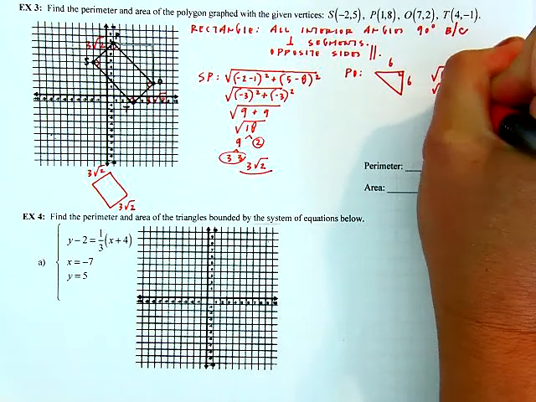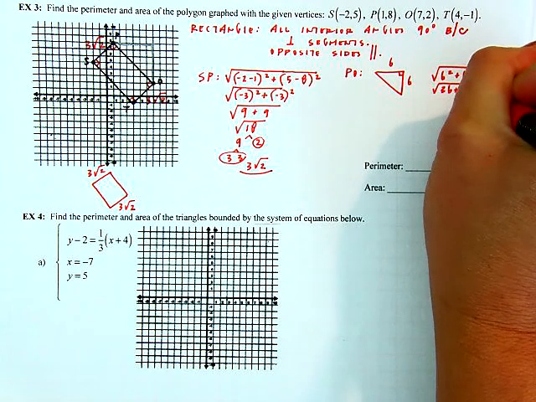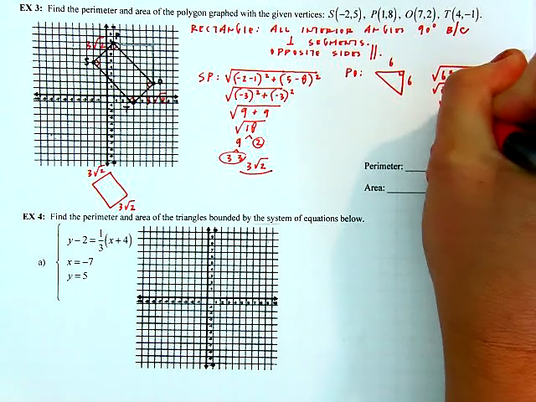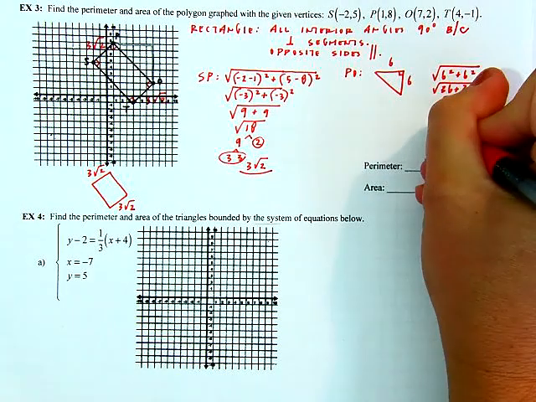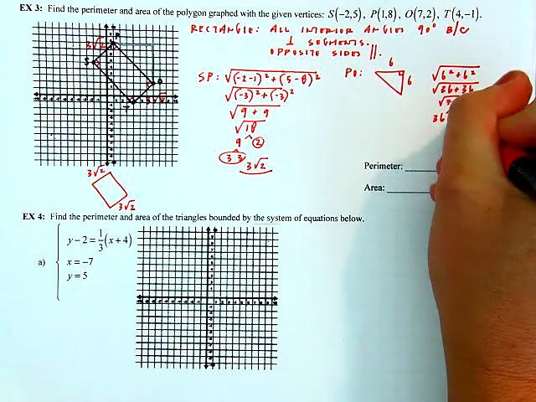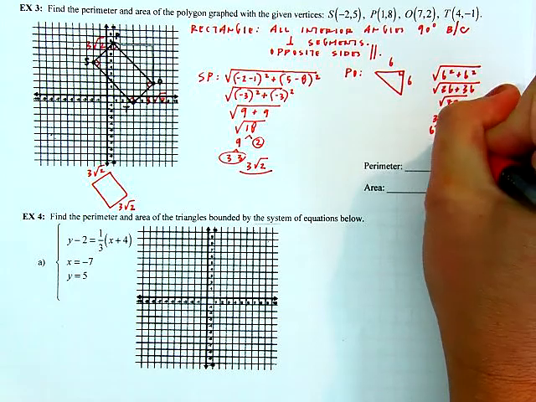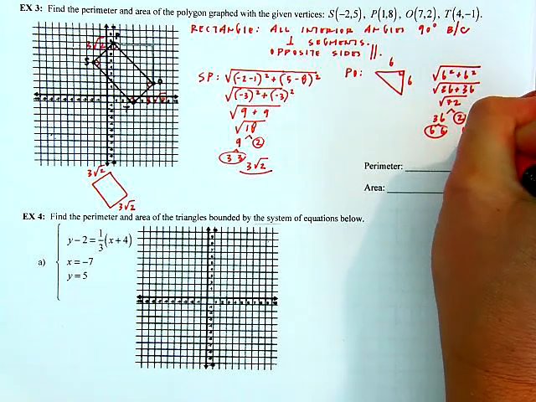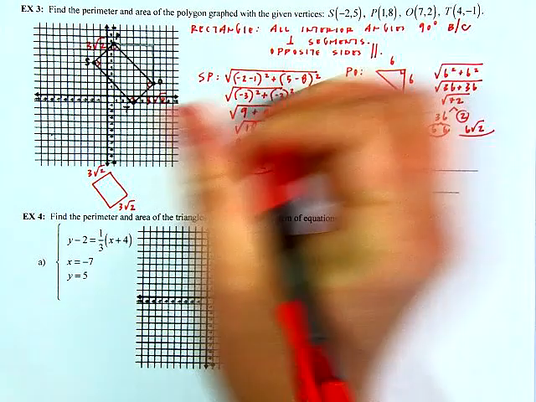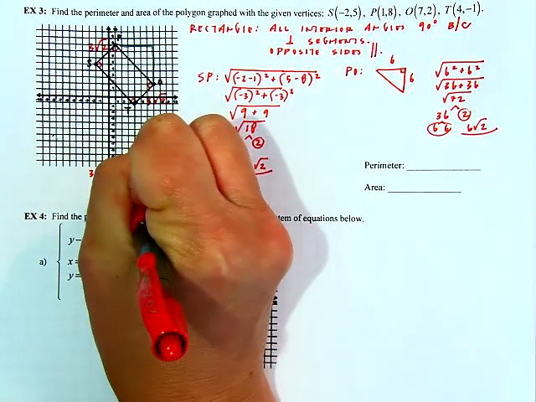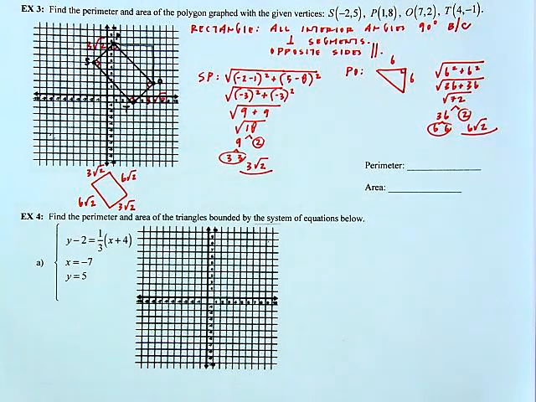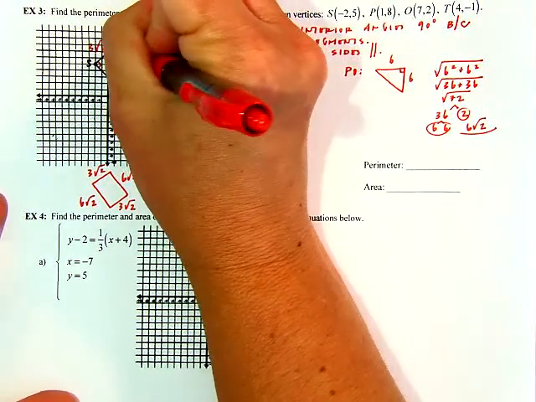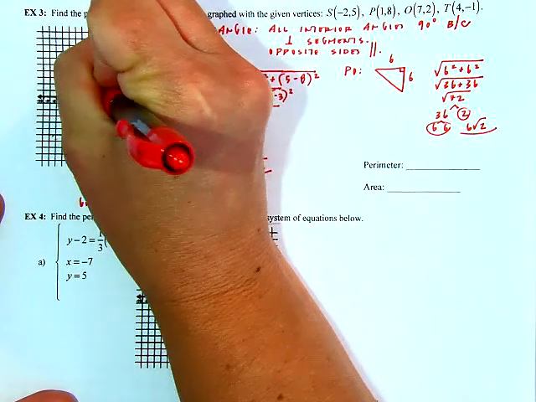So 36 and 36, which makes 72. Okay, 72 is 36 times 2. So I get a pair of 6's, which leaves me with 6 root 2. So I have 6 root 2 and 6 root 2 for these opposing sides as well. I can add that up here. I just don't know if you can see that as clearly.